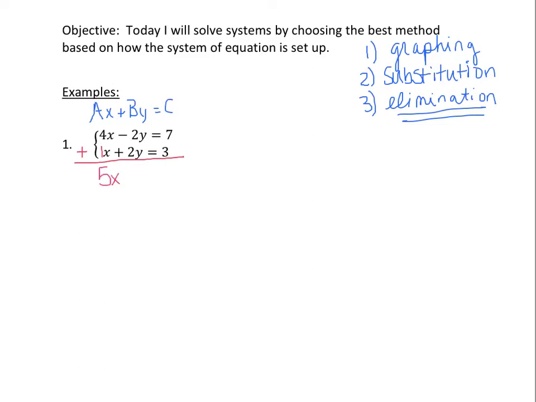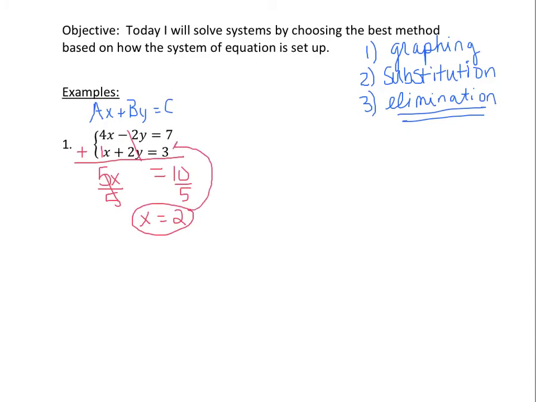The negative 2y plus 2y cancels because it's 0, and that's equal to 7 plus 3, which is 10. So go ahead and solve for x by dividing both sides by 5, and that gives you x equal to 2.